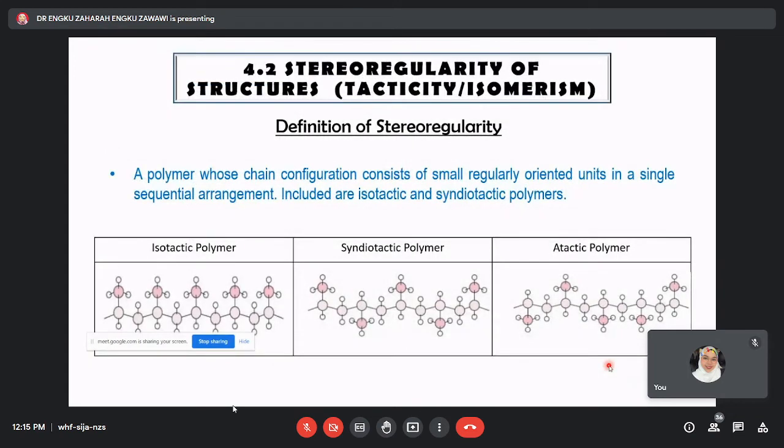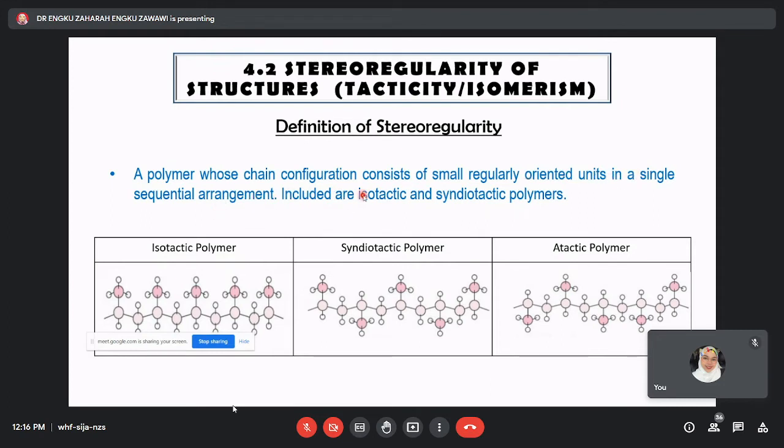So yang kedua ialah faktor yang kedua ialah stereoregularity of the structure. Okay, so kita tahu dah kan stereoregularity ni polymer yang mana dia punya susunan kumpulan yang attach pada main chain dia sama ada secara isotactic, syndiotactic or atactic. So a polymer whose chain configuration consists of a small regularly oriented unit in a single sequence arrangement.